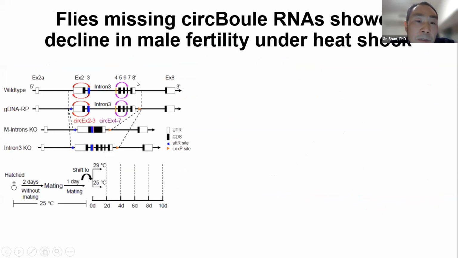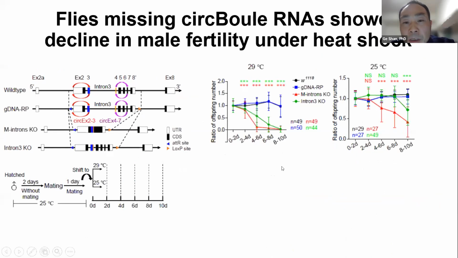In fly, we knocked out this circRNA by deleting the intron involved in circRNA biogenesis, and examined the phenotype.